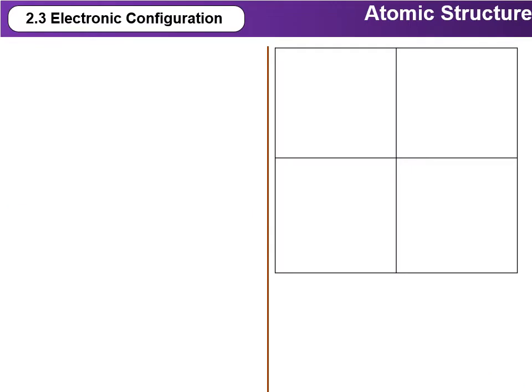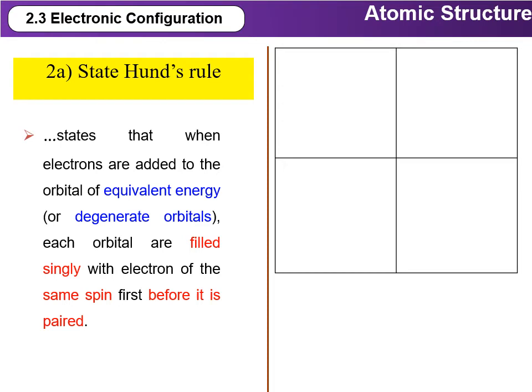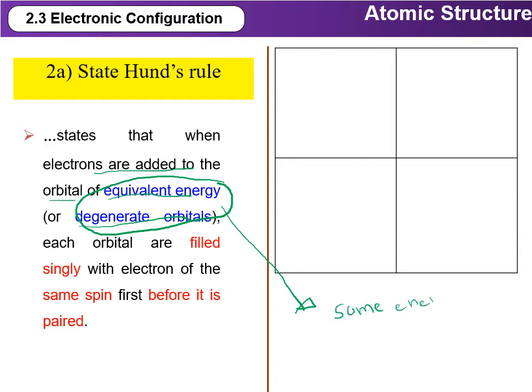Okay, let's continue with tutorial question number 2a. State Hund's rule. So what does Hund's rule mention? When electrons are added to orbitals of equivalent energy, or degenerate orbitals, and if you still remember, just now we mentioned degenerate orbitals have the same energy, each orbital is filled singly.